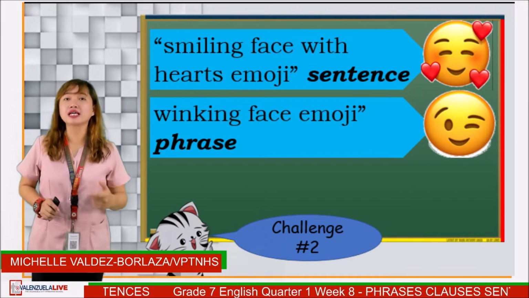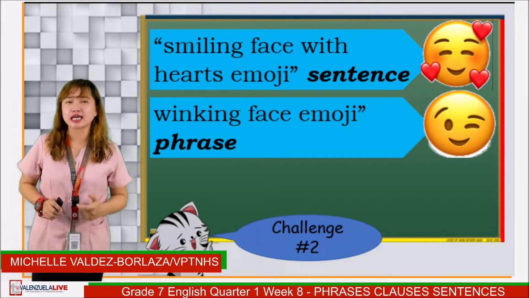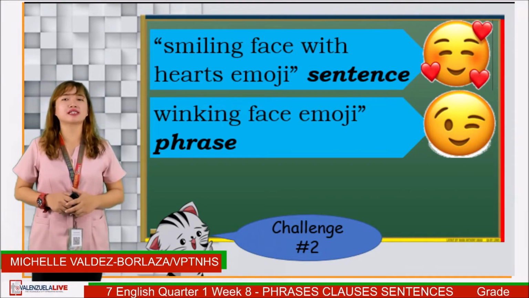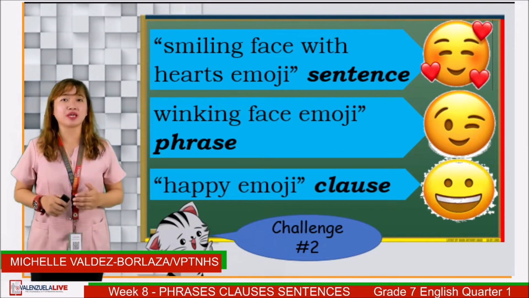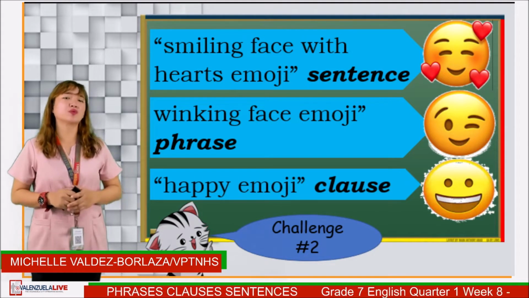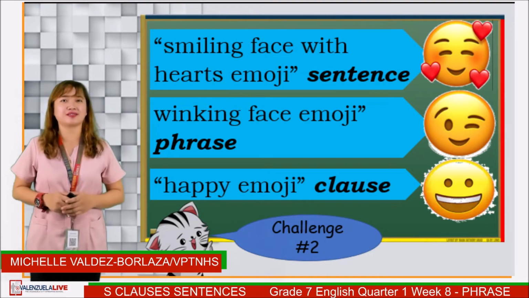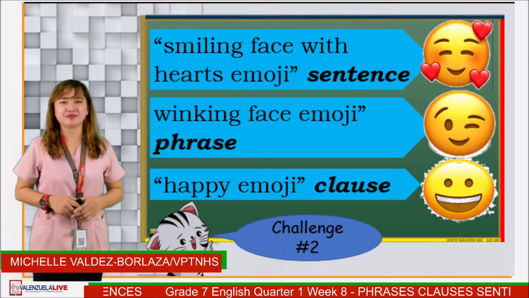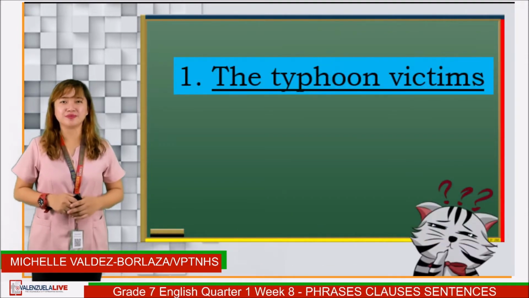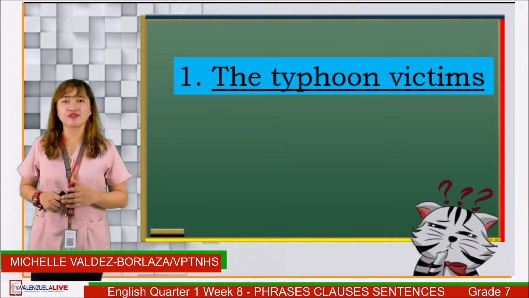Comment a winking face emoji if the group of words is a phrase. And a happy emoji if the group of words is a clause. Are you ready? Again. Number 1, the typhoon victims.